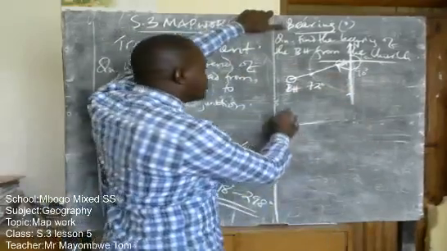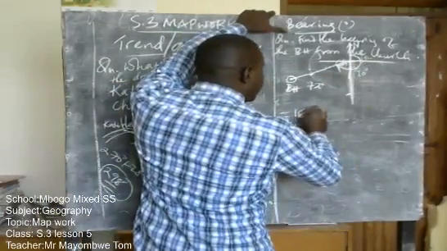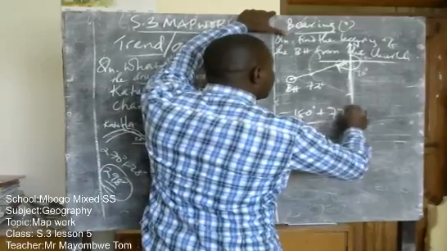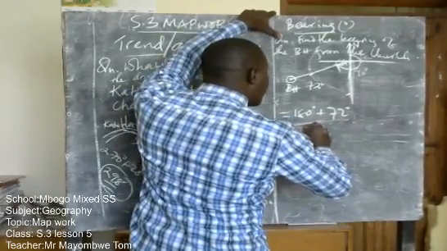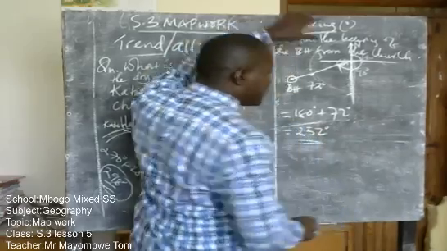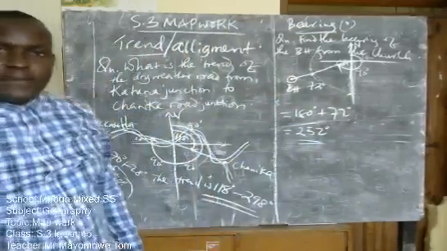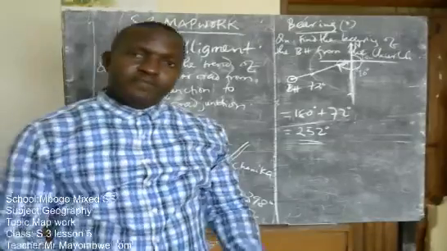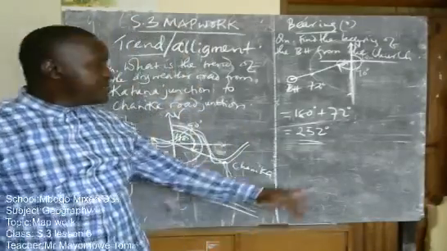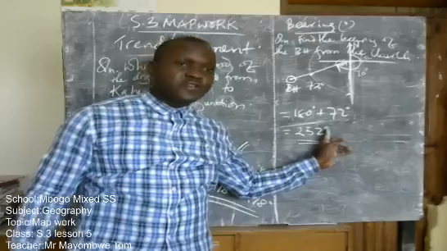That means your bearing is going to be 180 degrees plus 72 degrees. And that will give you 252 degrees. That will be your bearing. Remember, it has to be given in degrees.